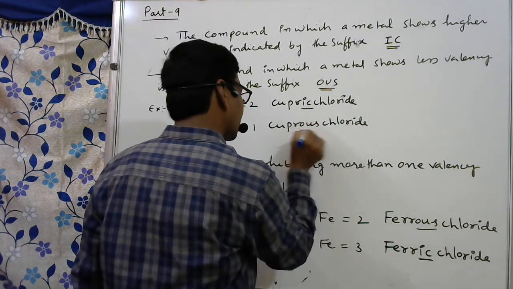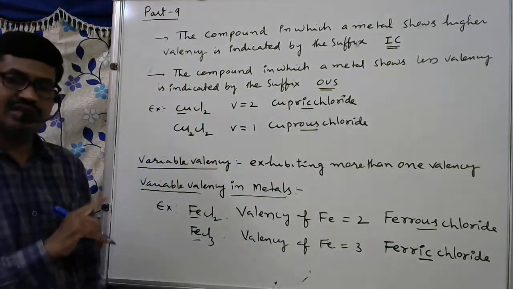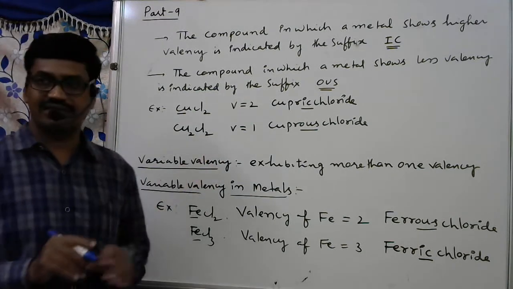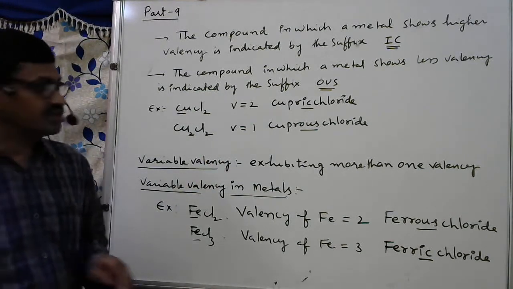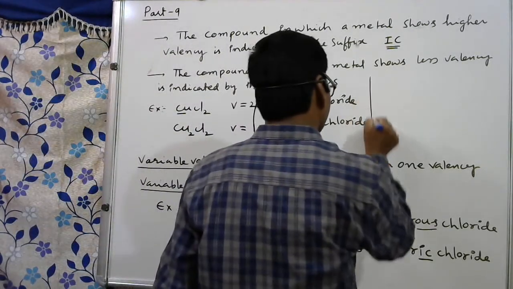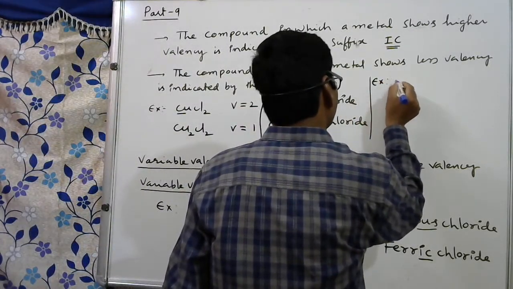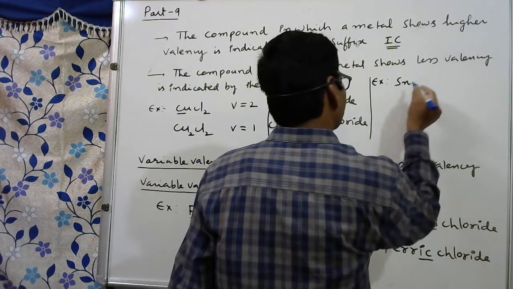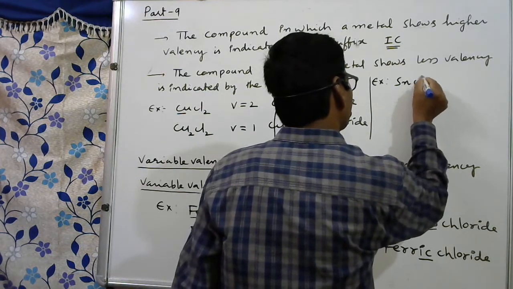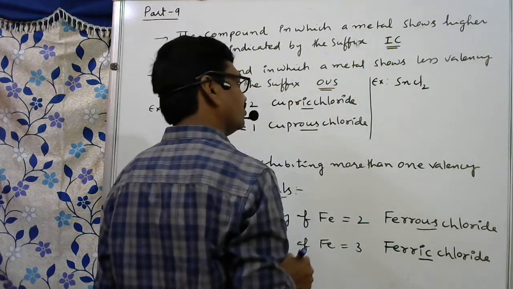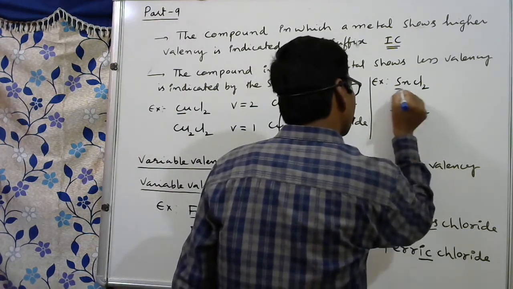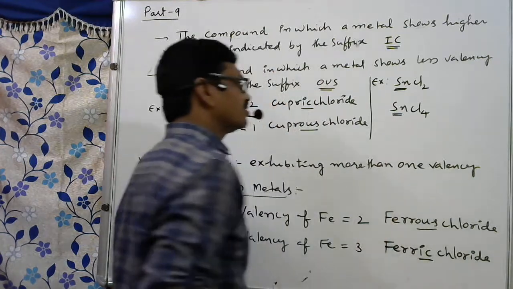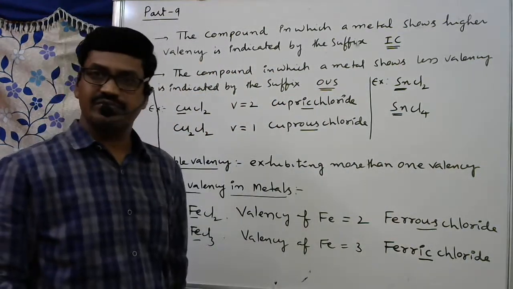Here ic, here ous. Just observe where I am writing the ous term and where I am writing the ic term. In that combining capacity we have to remember. See one more example I am writing here: SnCl2 and SnCl4. Stannum it is. So what is the valency of stannum there?